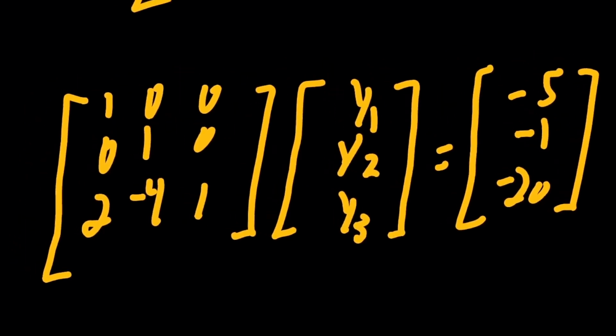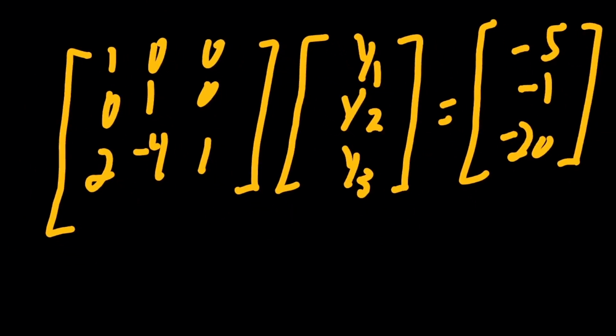From there, we can already deduce a few things based on observation. We know that y1 is equal to -5, and we are also aware that y2 is equal to -1 based on observation.